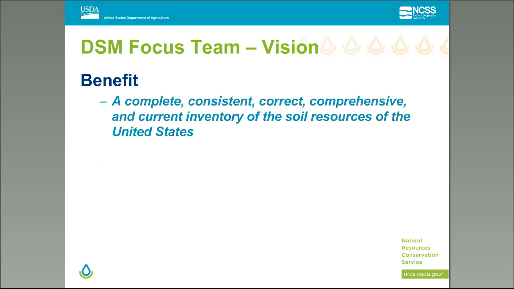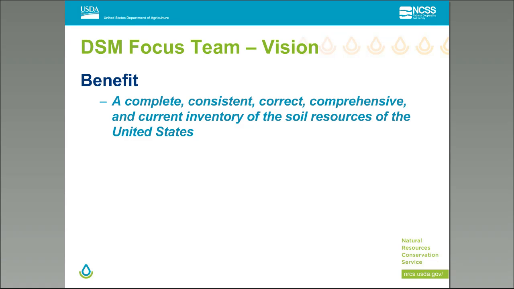and what we feel is the benefit, or really our goal for whether it's just our DSM focus team or really for Soils 2026 and the Soil Science Division as a whole, is a complete, consistent, correct, comprehensive, and current inventory of the soil resources of the United States.